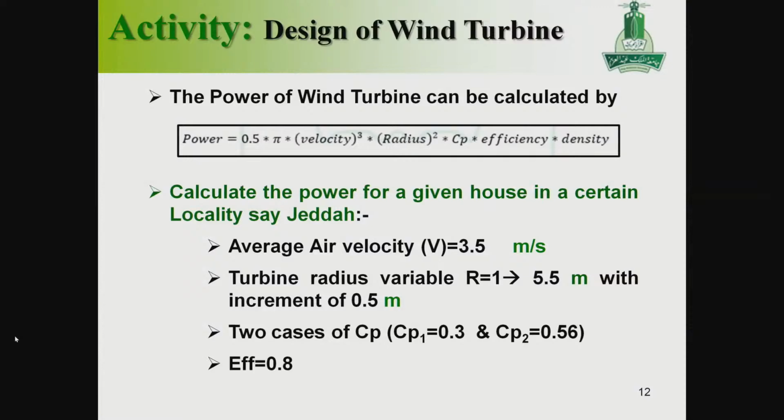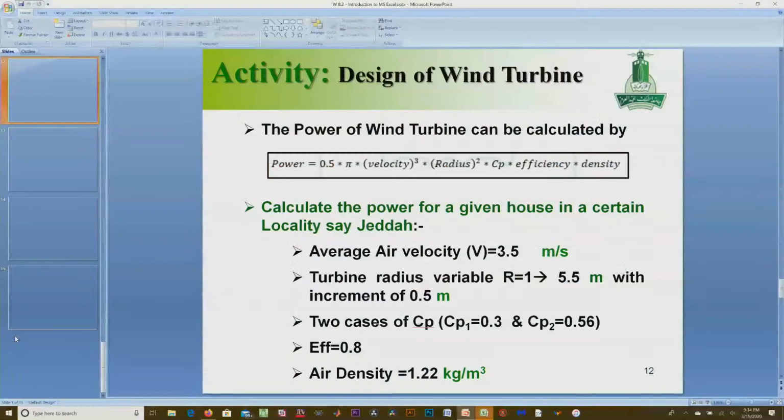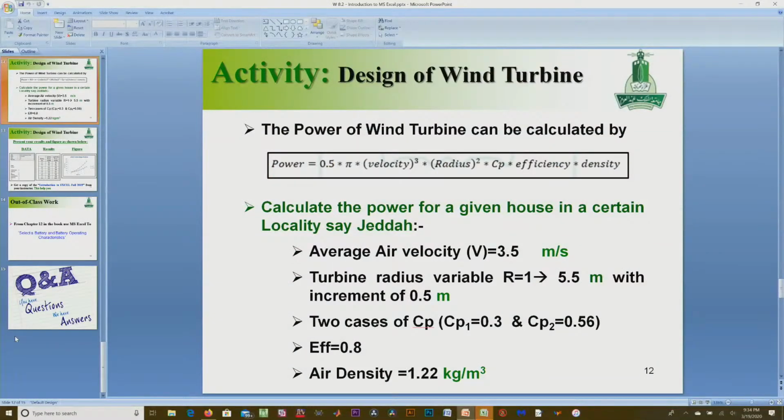And the efficiency is 0.8, and the density, the last value you can see, is 1.22 kilogram per meter cube. So these values are given, and we are given the equation, the formula. Now, let me go into the Excel and show you how we have to do it.